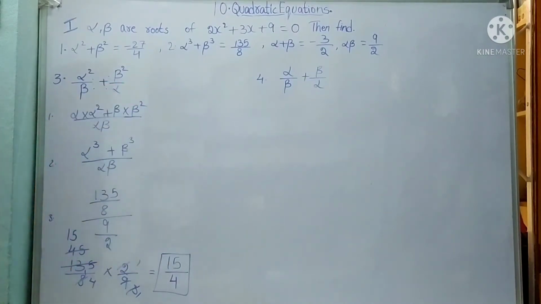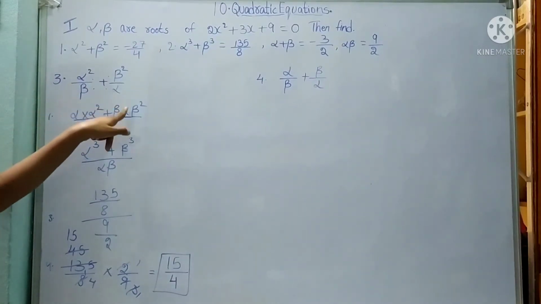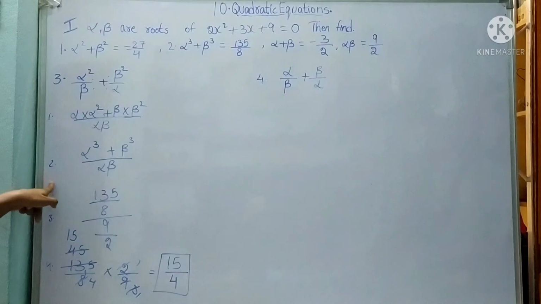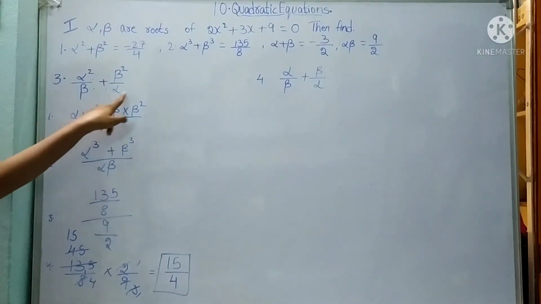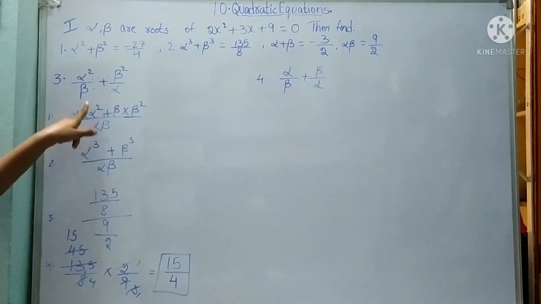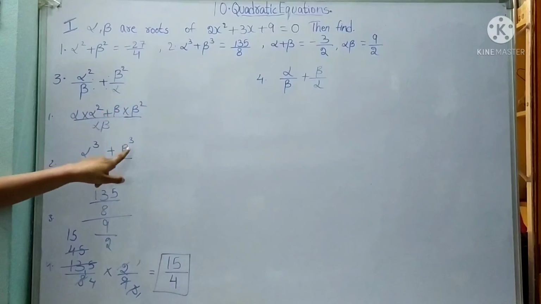So see here how simple it is. Third step and fourth step, and in the fifth step was the answer only. So how many steps here? First step is do the LCM and write like our butterfly method. And second step is multiply this. Okay. So alpha into alpha square, alpha cube, beta into beta square, beta cube.